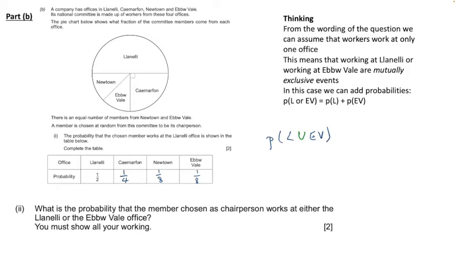We can get them from our chart: a half plus an eighth. A half is 4/8. You can get that if you don't recognise it straight away by multiplying the top and bottom of the fraction by 4. And if we multiply the top and bottom of a fraction by the same number, it's the same fraction. So we have 4/8 plus 1/8, which is 5/8.